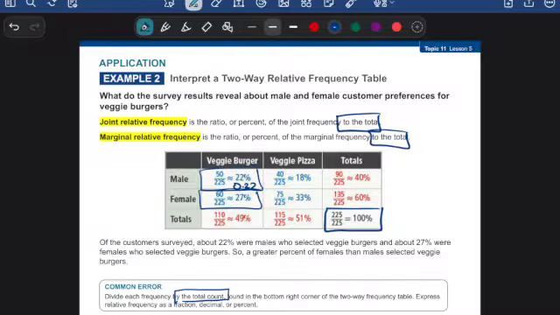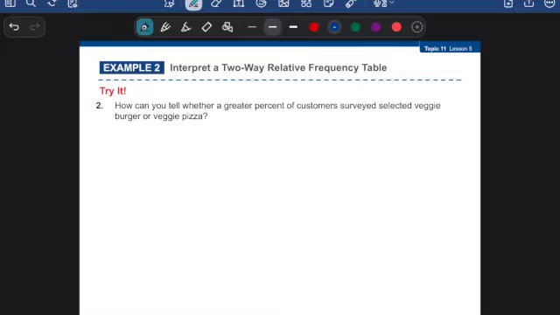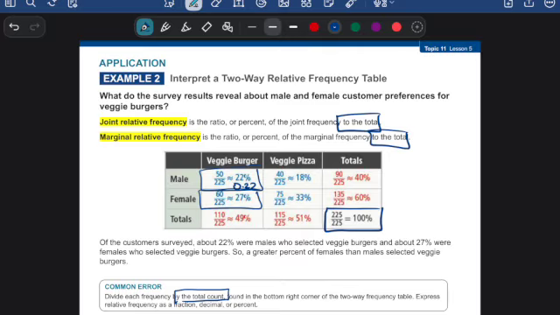How can we tell whether a greater percentage of customers surveyed selected veggie burgers or veggie pizza? So if we're looking at just the veggie burger and the veggie pizza, well, we're comparing the bottom right corner. So let's look here.